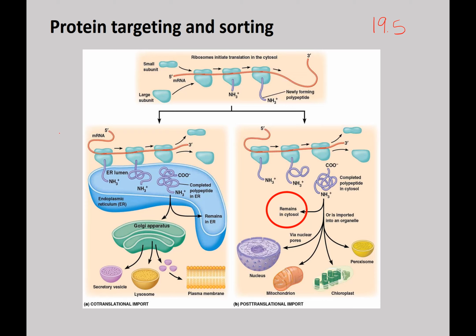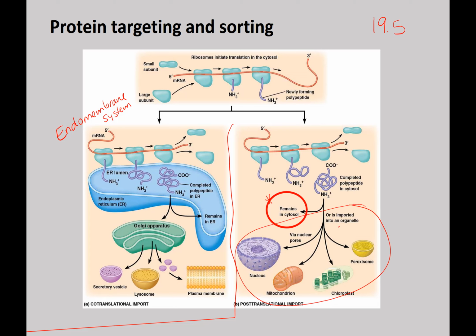Proteins can either go to the endomembrane system, or they can be translated in the cytosol and remain there, or go to a different organelle. So we've got 1, 2, 3 general groups. So we're going to talk about this part first.